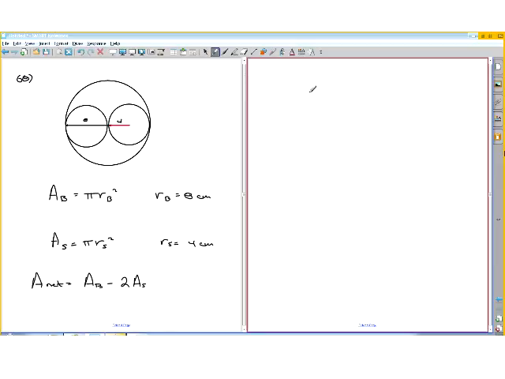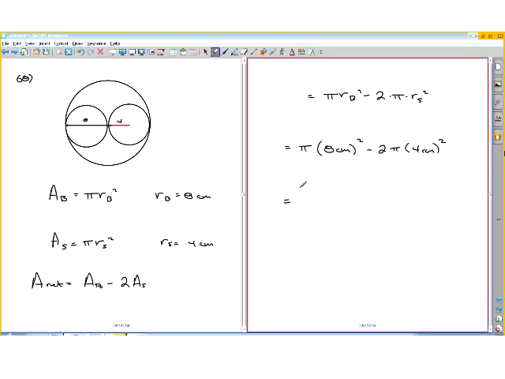So that's all we have to do. We just have to plug it in here. So we're going to have pi R big squared minus 2 times pi times R small squared. So we have pi times 8 centimeters squared minus 2 times pi times 4 centimeters squared. So let's just plug the numbers in on the calculator.